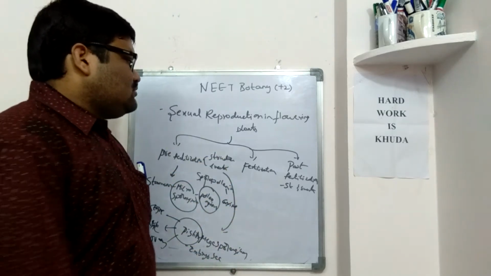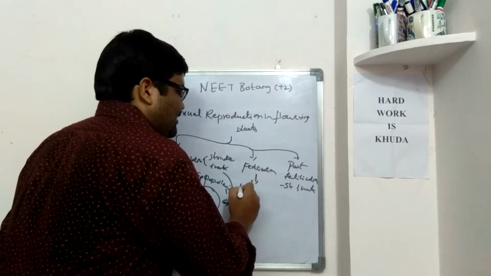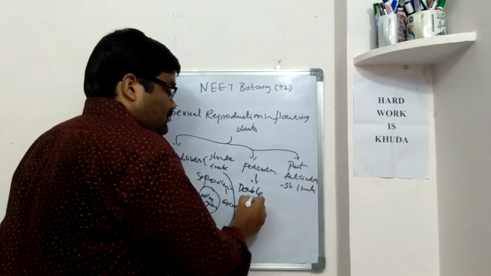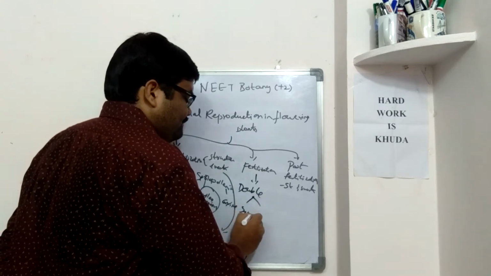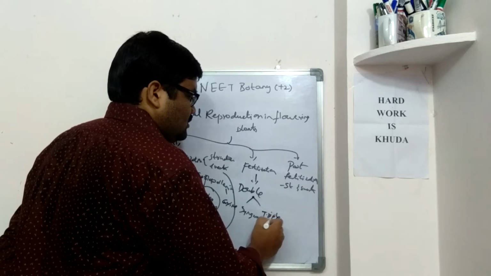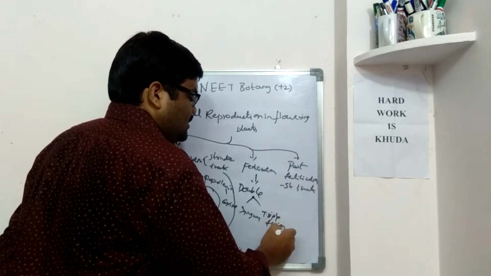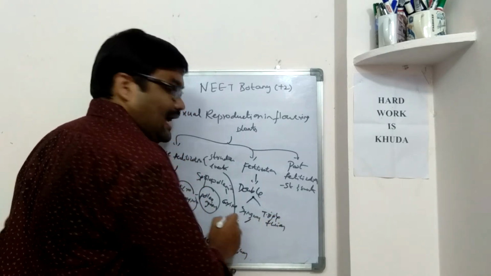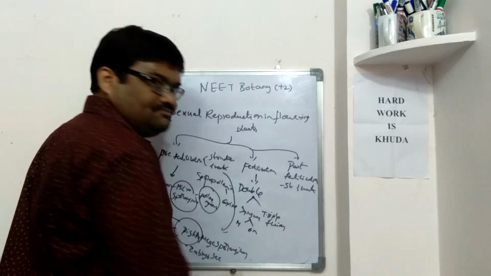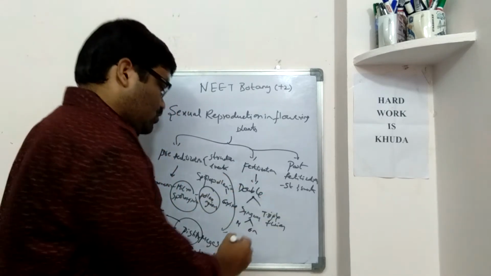With respect to fertilization, the most important aspect is double fertilization in plants. Double fertilization is syngamy and triple fusion. Syngamy means one male gamete plus egg nucleus gives rise to zygote.